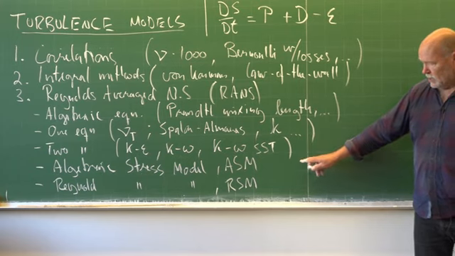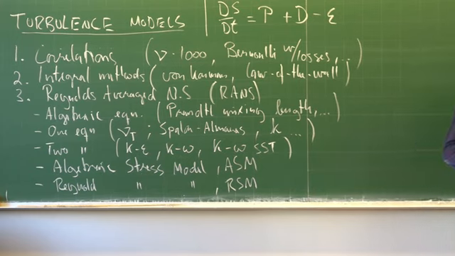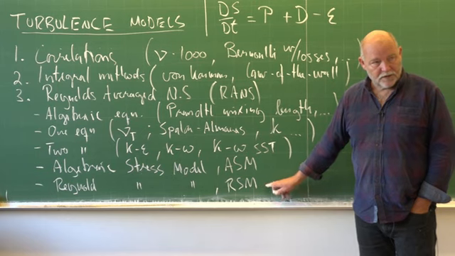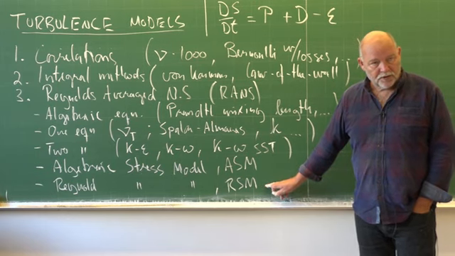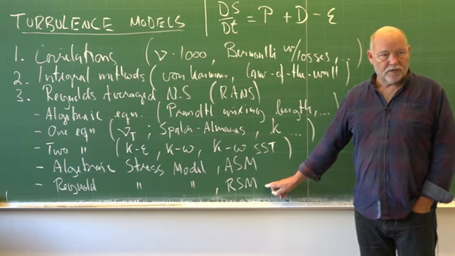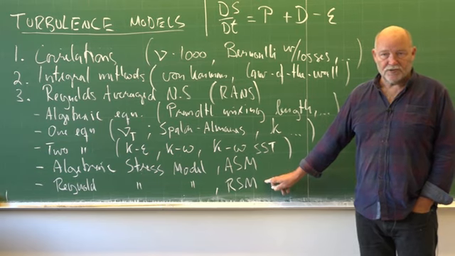Here also, in addition some algebraic equations, but that hardly costs any CPU at all. So the ASM model is more advanced than a two-equation model, but cheap. The Reynolds stress model, that's a different story. Here you are talking 7 additional transport equations to the Navier-Stokes. Thank you very much. This is not for amateurs. This is heavy.